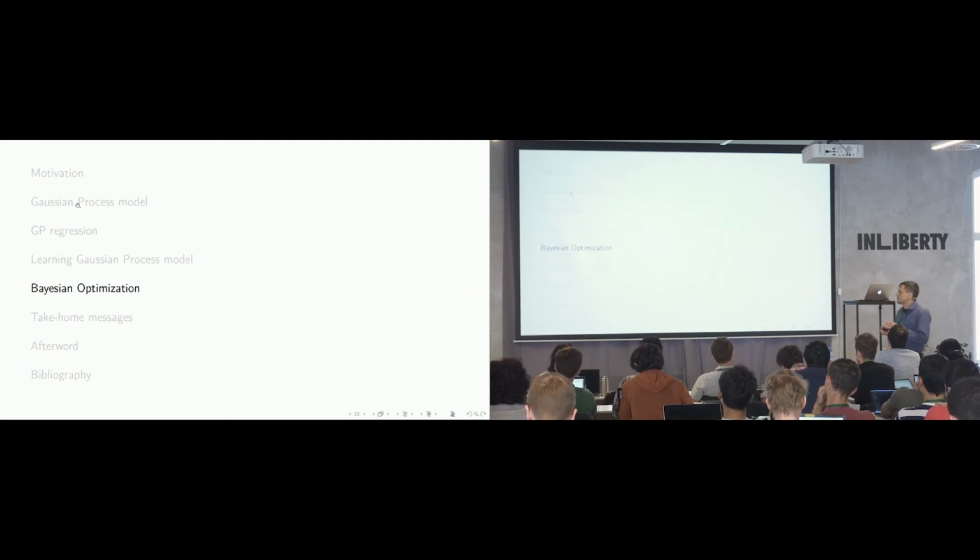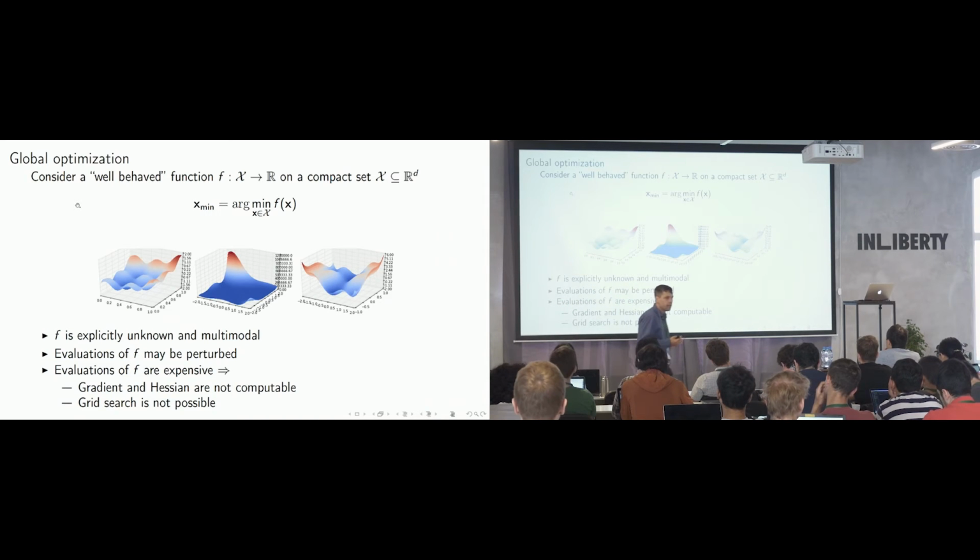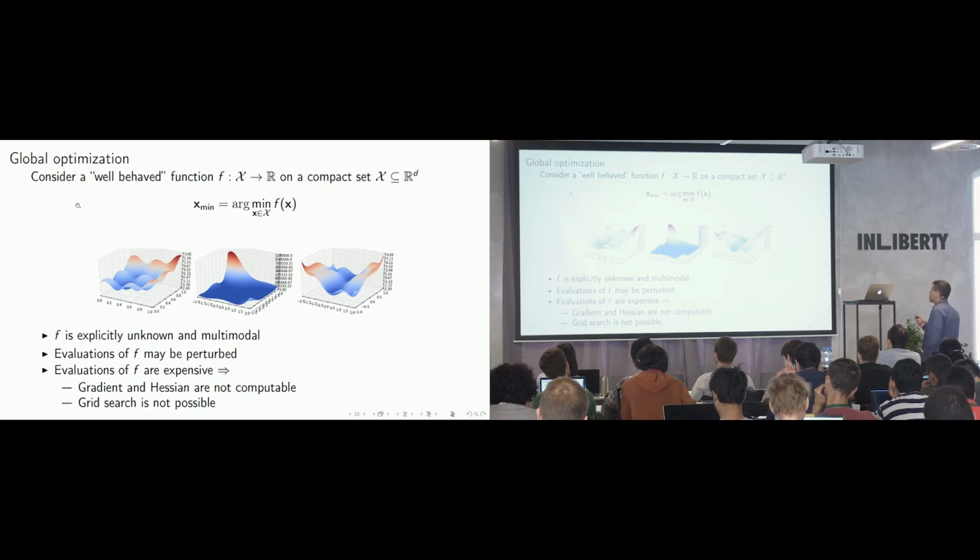And now let us discuss how this model can be used for Bayesian optimization and what benefits we can get from the uncertainty estimate. In practice, there are a lot of problems where we need to optimize complex black box functions. For example, we have some function f of x, and this function is multimodal.